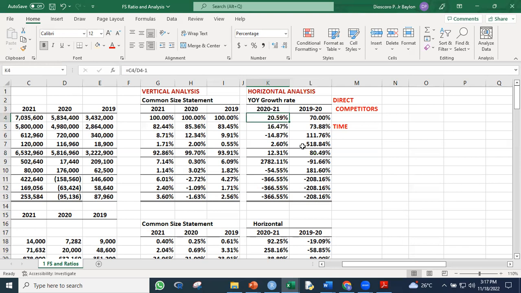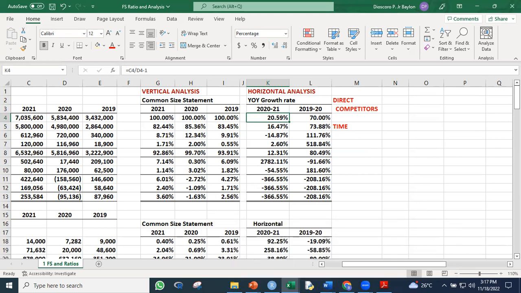Okay, so this is part of your analysis as far as time is concerned. Okay, benchmark against time. Has it been increasing over the past years? Okay, and then what does an increase in that account imply? Ano ba yung implication kung nag-i-increase yung account na yan or bumababa?